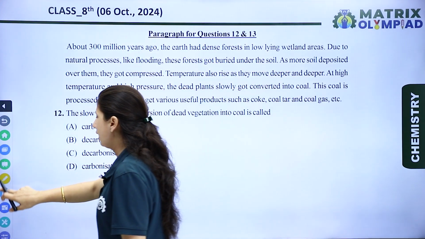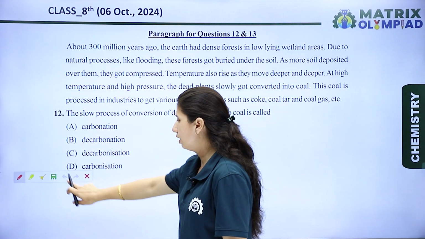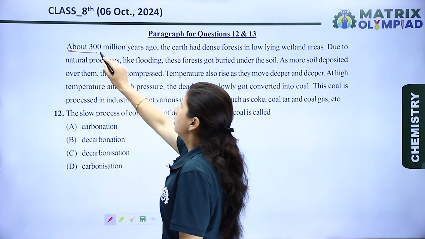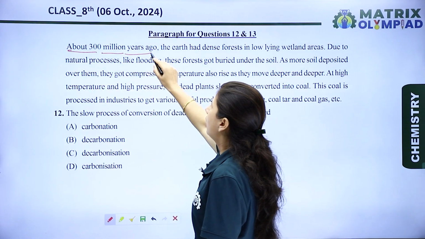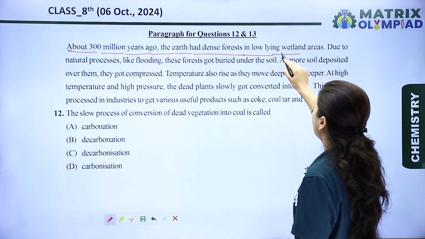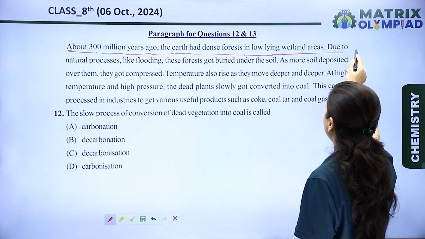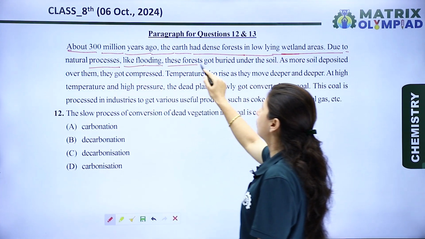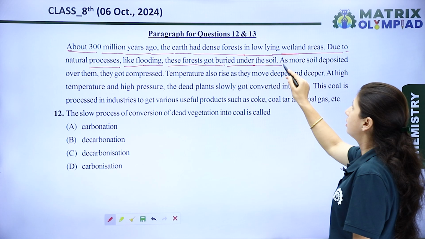The next question is a paragraph based question. Now, let's see the paragraph. About 300 million years ago, the earth had dense forested and low-lying wetland areas due to natural processes like flooding. These forests got buried under the soil.